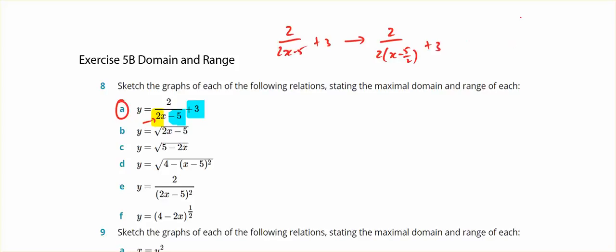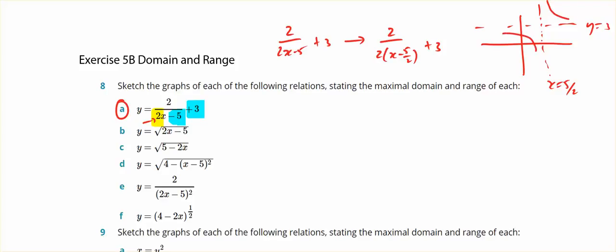So now I know my graph is going to have an x asymptote at 5 over 2, which is somewhere over here. x equals 5 over 2, and y equals 3. And we know this is a positive hyperbola, so it looks something like this.